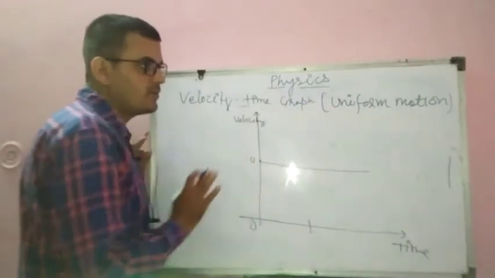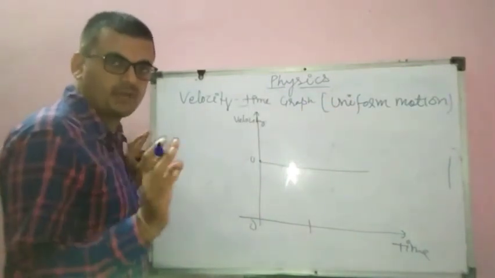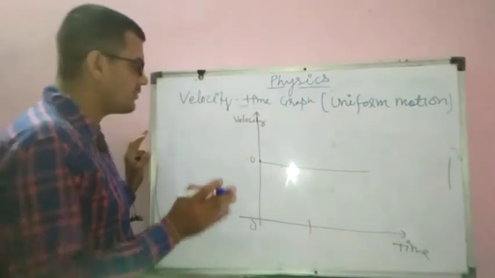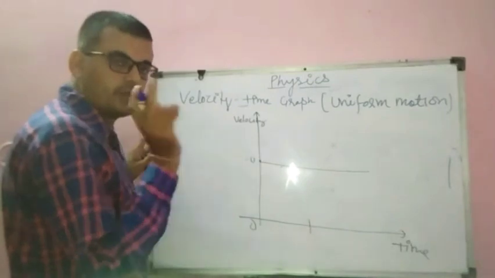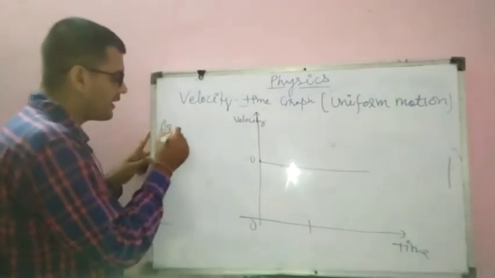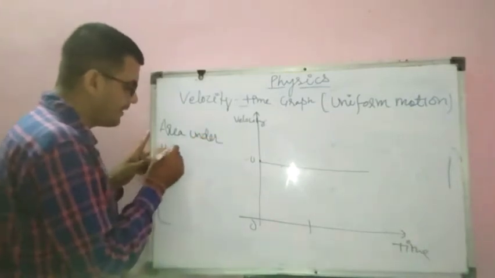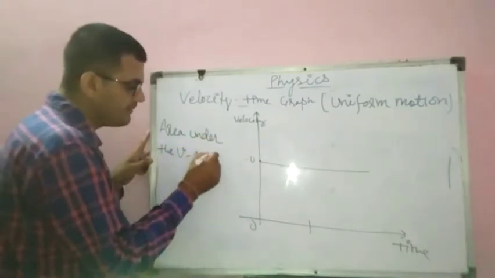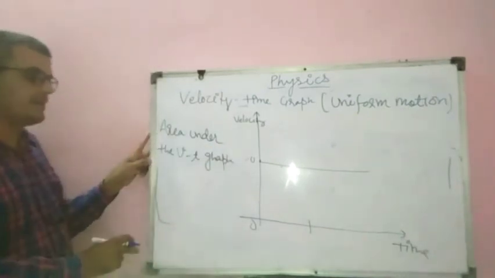For uniform motion, we calculate displacement. How will we calculate it? We will calculate the area under the VT graph. I have written here: area under the velocity-time graph.